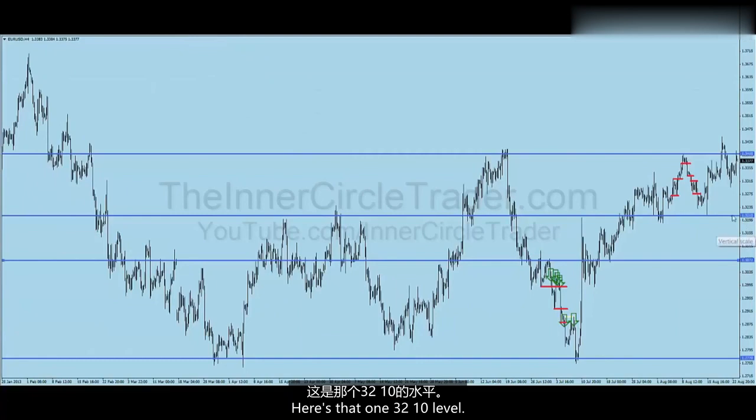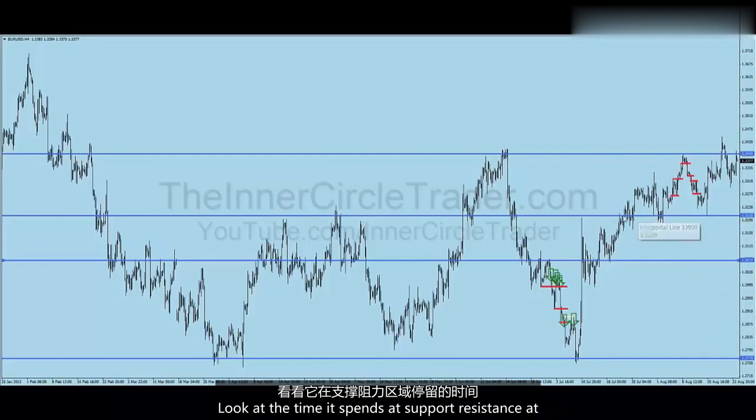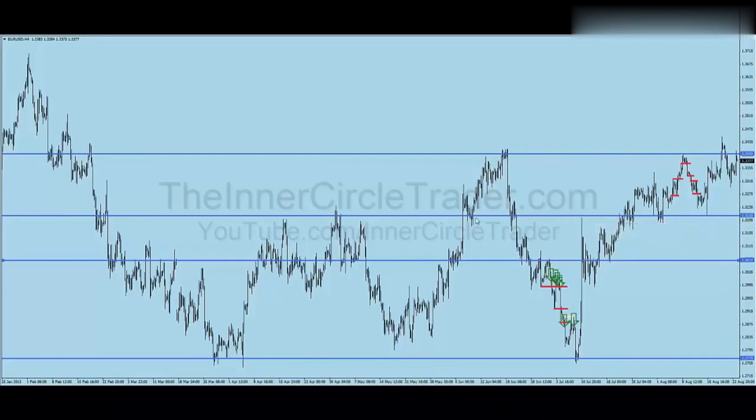here's that 132.10 level. Okay, price comes down, hits it right there, rallies off. Look at the time it spends at support and resistance at that level. See that?